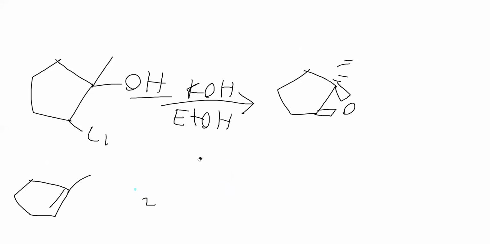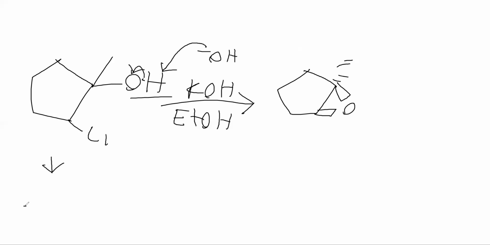You don't have to know this mechanism right now, pretty sure, but it'll come up in the future, so I'm going to show it to you now, so it might help you remember why this happens, and you'll get exposure to it for later. So the alcohol can act as an acid, and KOH is a strong base. So it takes a proton from the alcohol and gives electrons to that oxygen.